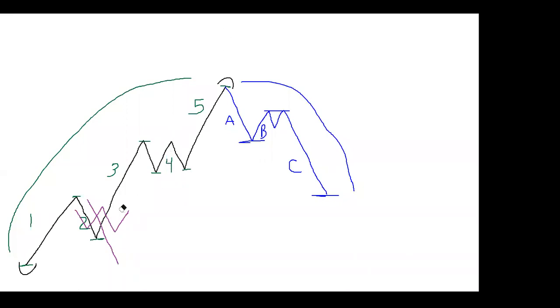So when we're first looking for Elliott Wave after we're analyzing the charts, that's the first thing that comes to my mind: look for the pullbacks within the main trend. Because if you're able to identify the pullbacks on waves 2 and 4 or even on a wave 2, then you're going to be able to trade in line with the main trend. And that's what we want to do.